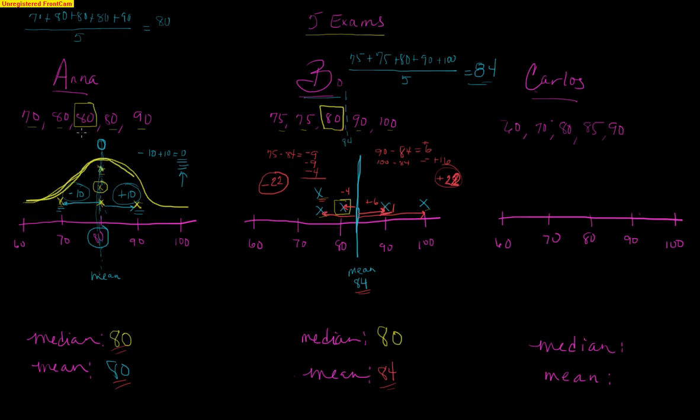It is a normal distribution. The amount of data above and below is very evenly spread. But with Bo, what happened? She started out having a couple of low test scores, but then as time went on, she really got much stronger. So we can see that this data is skewed to the right.